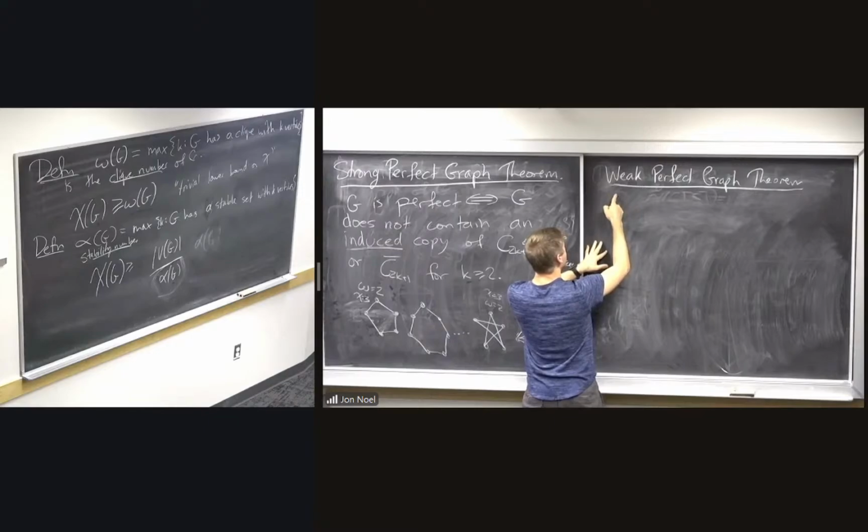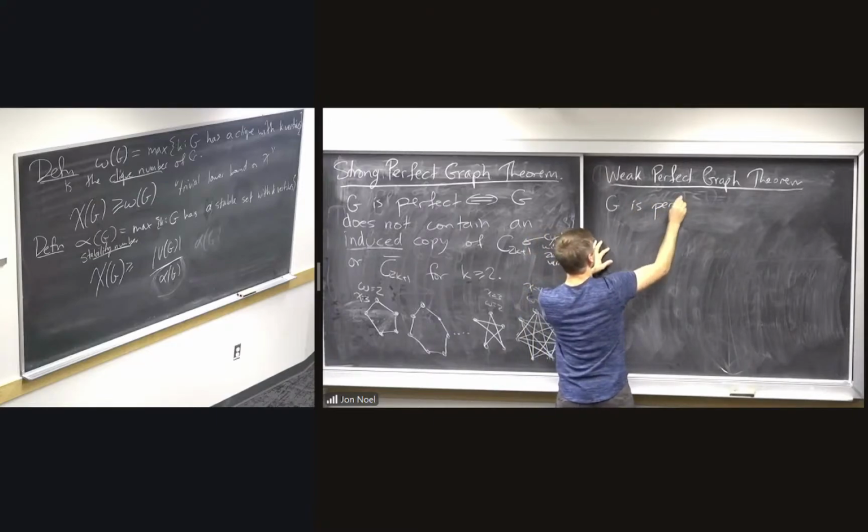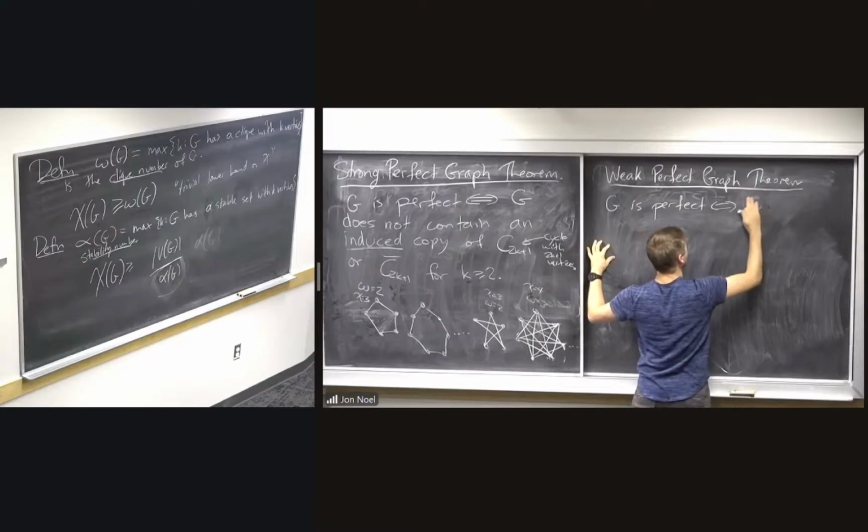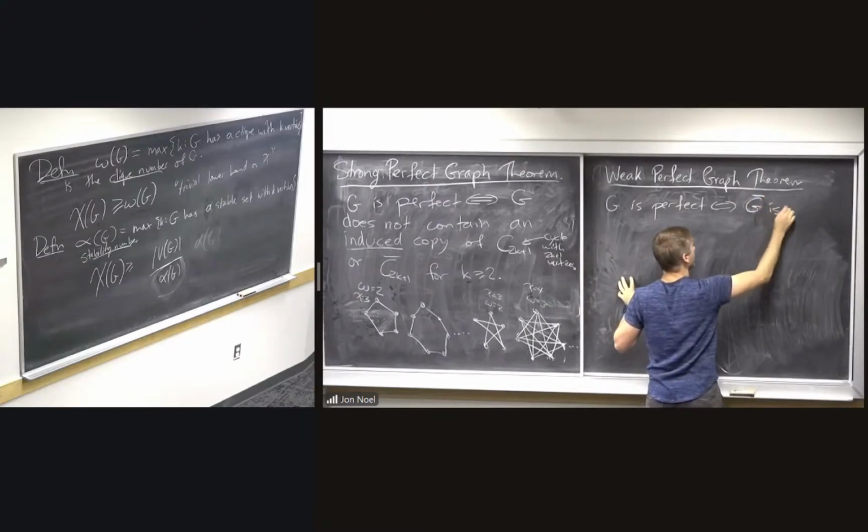So the weak perfect graph theorem says that G is perfect if and only if the complement of G is perfect.